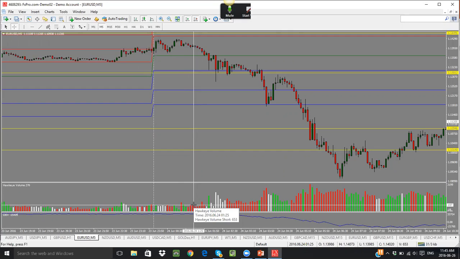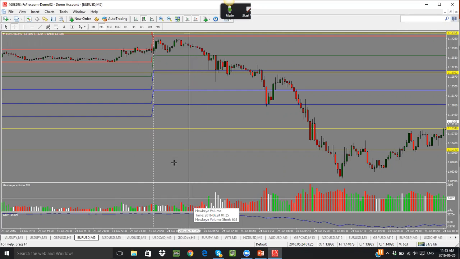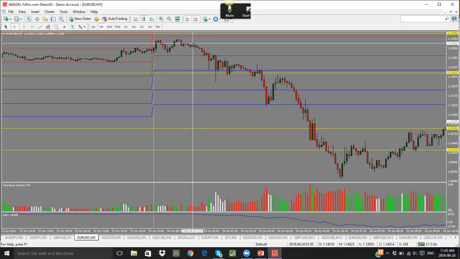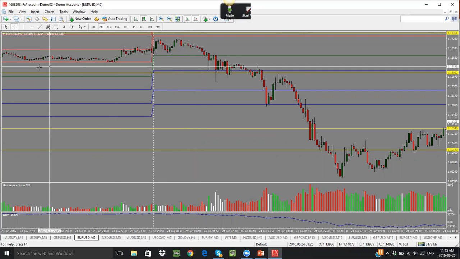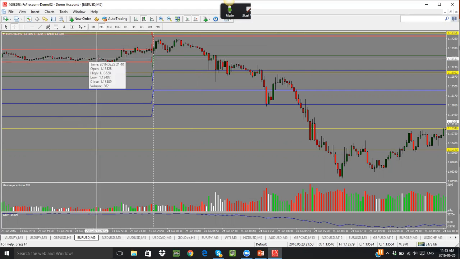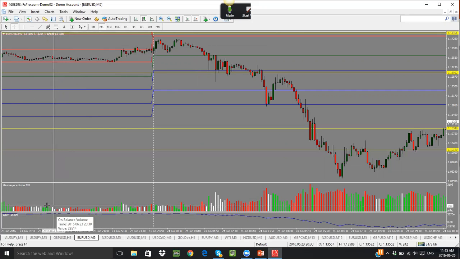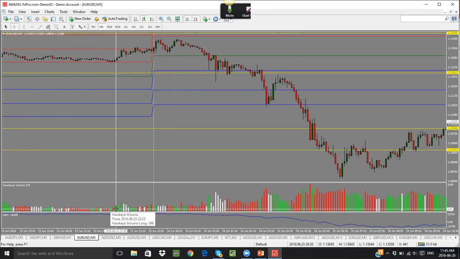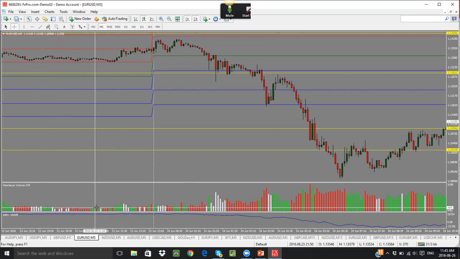Between the two sessions, when New York closes and the Asian session opens, you will see price candles where there's really nothing going on in the market, no market activity, and the volume is really low at the bottom here.